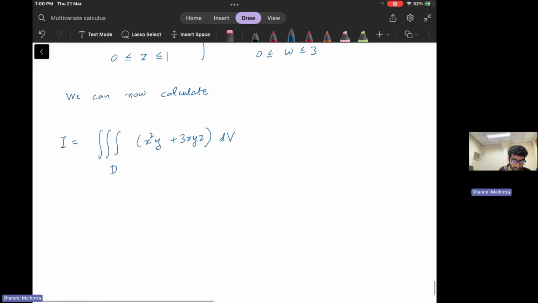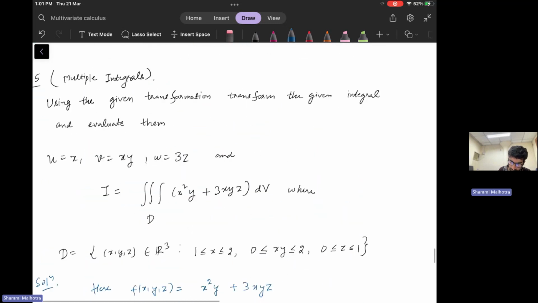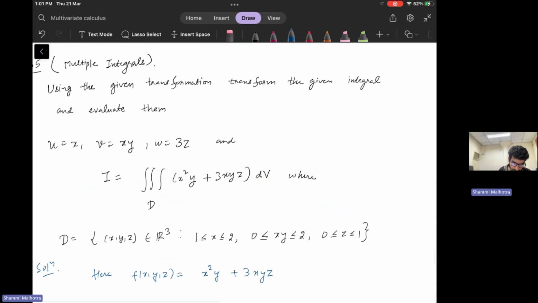Since I'm now calculating in terms of u, v, w, x square y is, so I can take x to be u and xy equal to v.